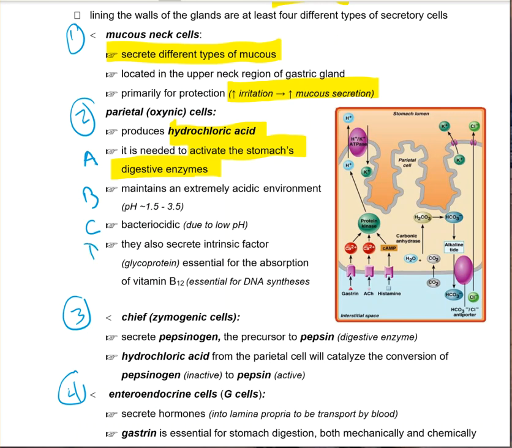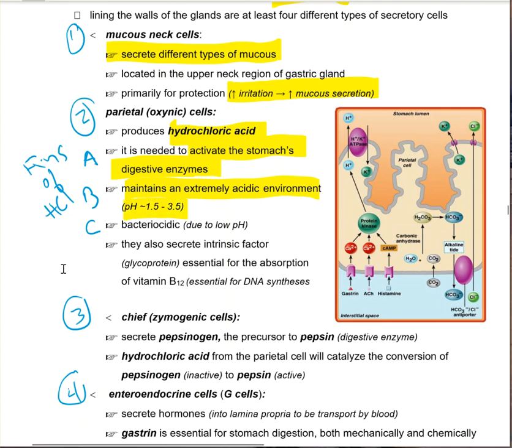Actually, let's do it this way. A, B, and C is what the hydrochloric acid does. These are the functions of HCl. Okay, so 1, it activates the stomach digestive enzymes. 2, it maintains an extremely acidic environment, around 1 to 3.